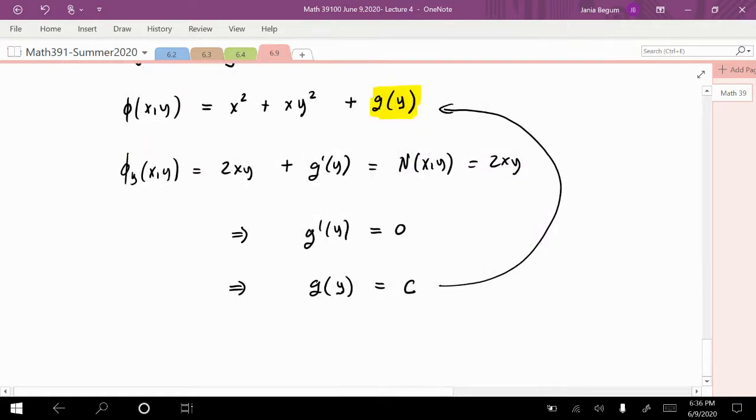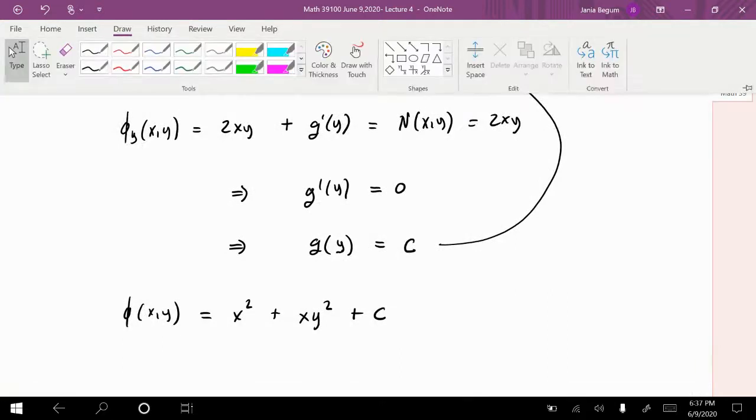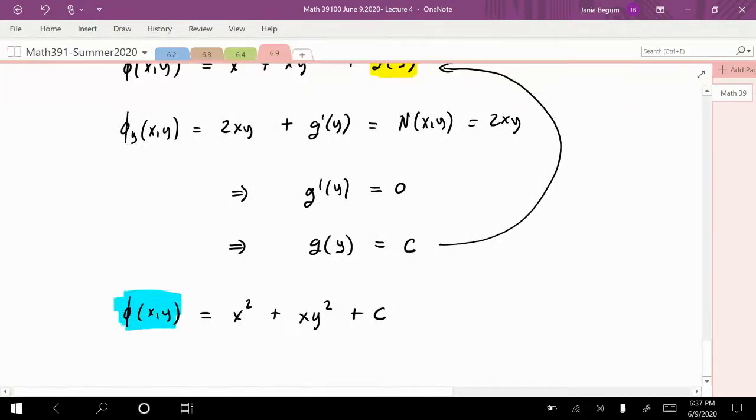So our solution, therefore, is phi of xy is equal to x squared plus xy squared plus a constant c. But what did we discover about phi? What is this function phi? It's also a constant.